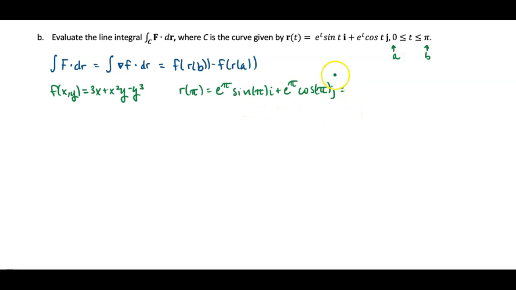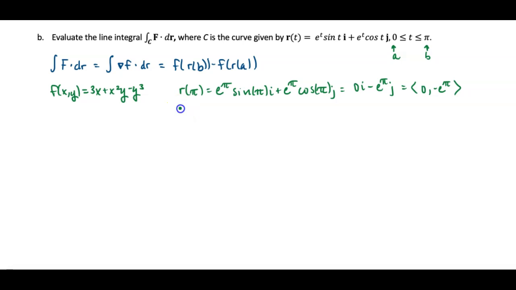And the sine of pi is 0, and so this is going to just be 0i. And the cosine of pi is -1, so this is going to be a minus e to the power of pi j. And I can also write this just as 0 and a negative e to the pi.